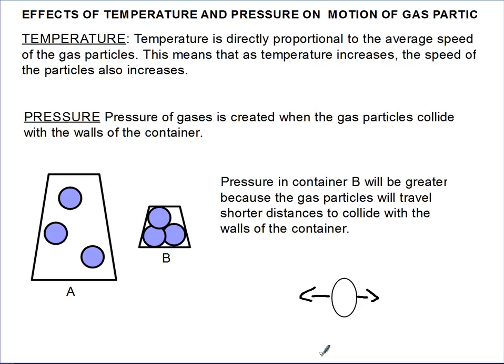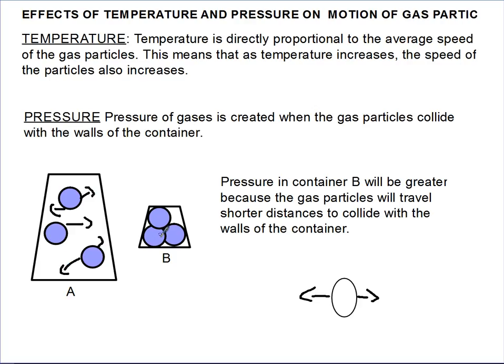Now with pressure, pressure is just when the molecules in a gas hit the container. When the molecules hit the container in which they are contained, the pressure readings are recorded. In A, these particles will have to travel longer distances before they hit the walls of the container.